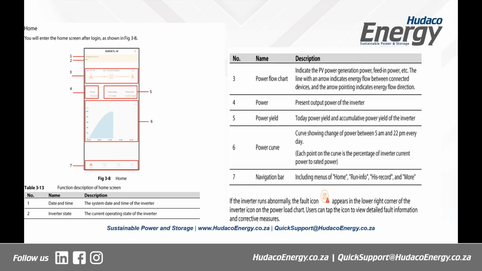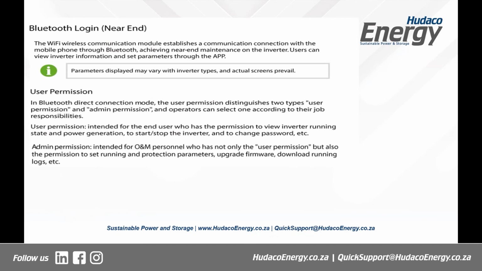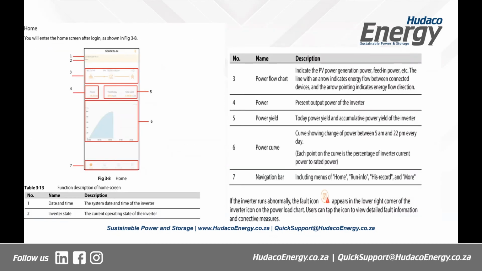And I think you can see here, the home screen after logging in using Bluetooth is not the same as the one that you have after logging in with Wi-Fi. They are different. I think you can see that. So you will have your date and time on number 1. Number 2, it will show you the inverter state. Is it running or not? Number 3, you will see the power flow chart from your PV to your inverter and to the grid.